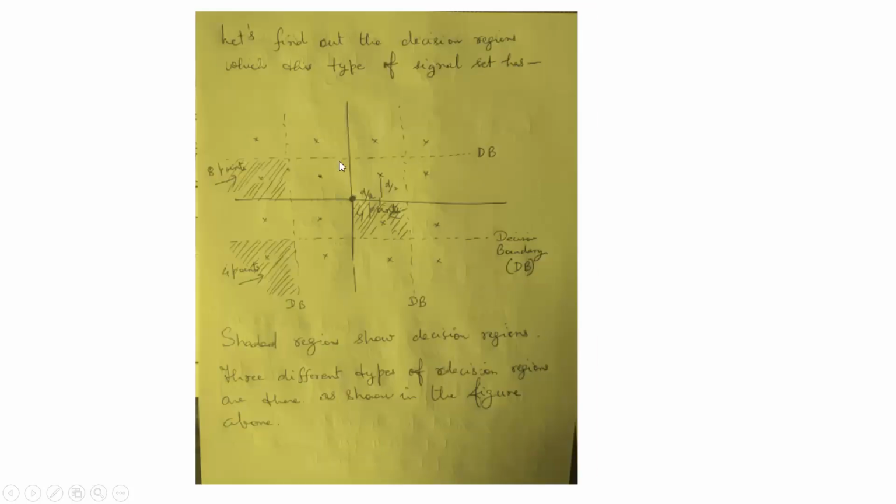Now let us look at the signal set closely and try to identify what types of decision regions are there in this constellation diagram. If you look at this particular signal point, it is closed from all four sides.